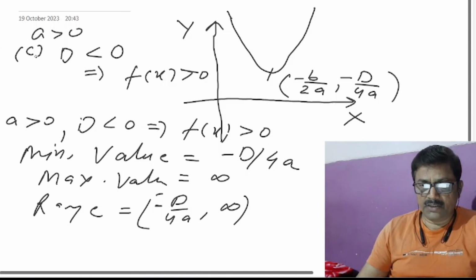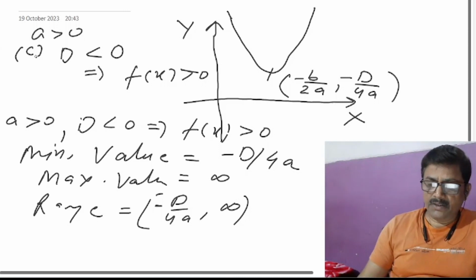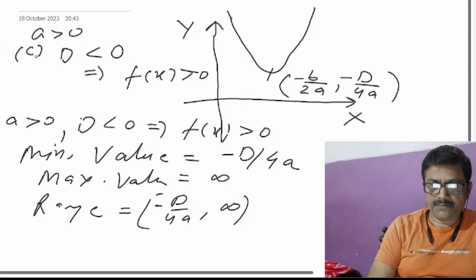If a is positive in a quadratic expression and the discriminant is negative, then the quadratic, I mean y, I mean f(x), will always be positive. Okay. So you learned three cases. I am taking a new page.